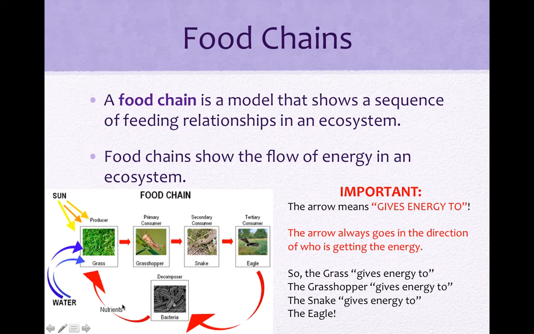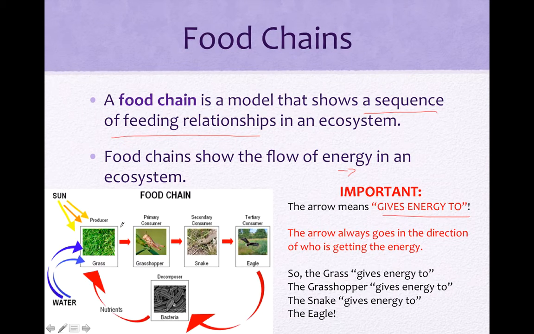So our last little bit of notes is that we have something called food chains and food webs. And these are just models that show us the sequence of how we feed. And whenever we show a food chain, we use arrows to represent who is giving energy to who. So on your notes, you're going to write down that it's a model that shows feeding relationships. And the arrow means gives energy to.